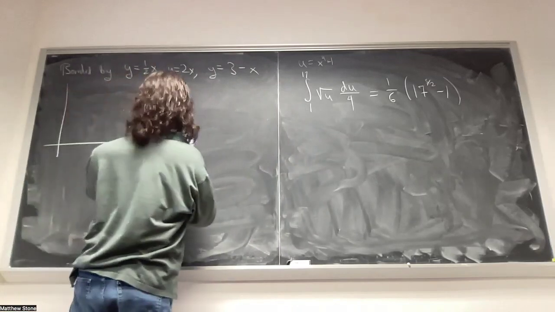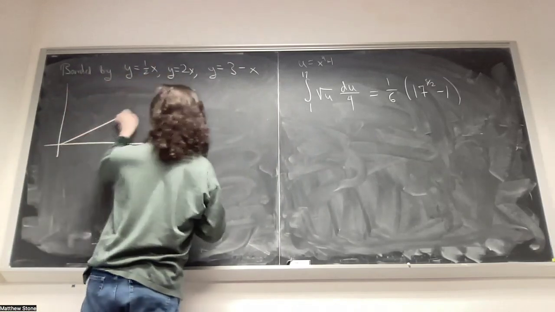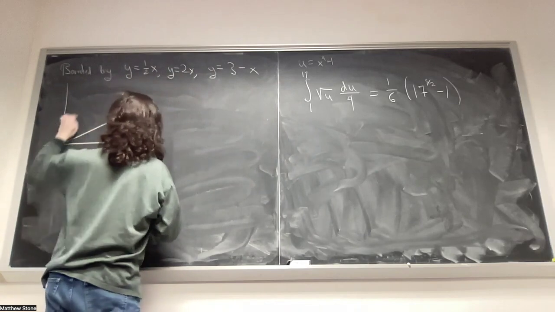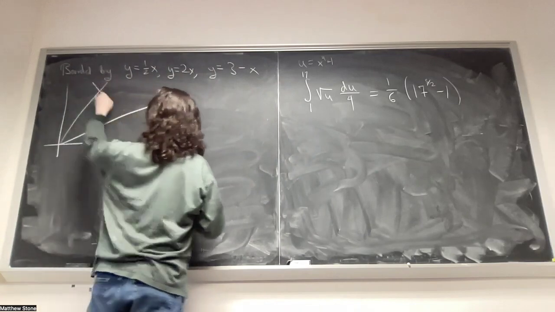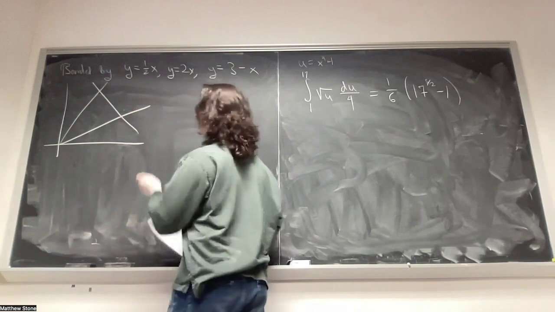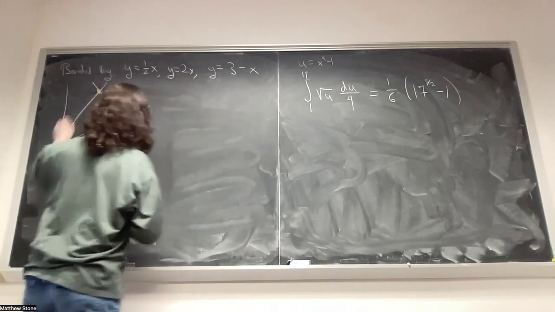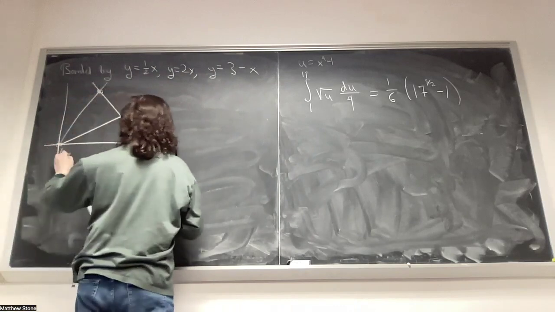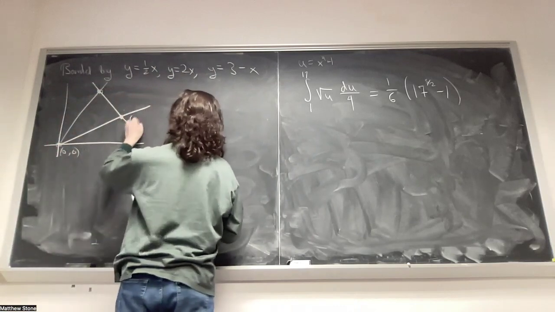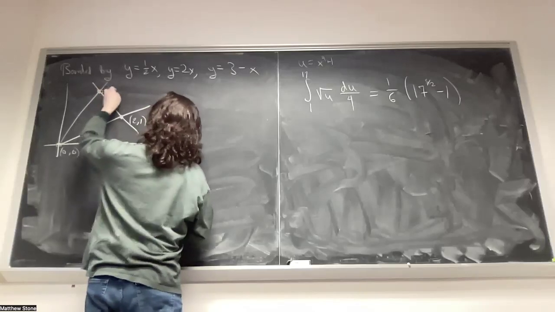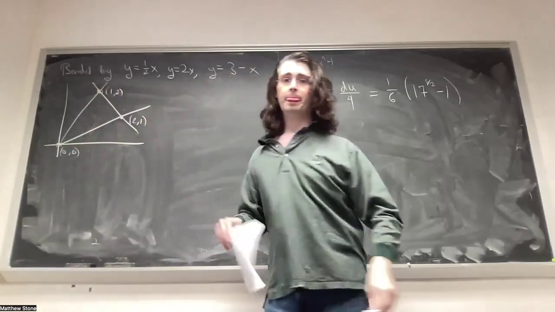After a quick sketch, we end up with a region looking something like this, giving us a triangle with vertices the origin, (2, 1), and (1, 2).